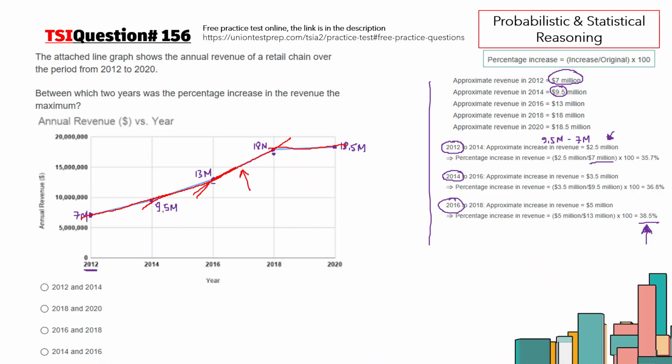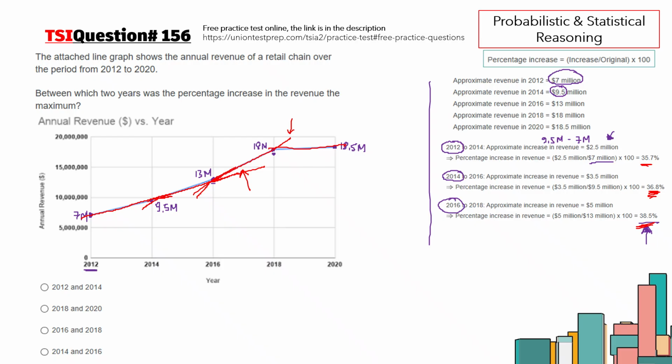That right there. See that this one is above everything, while if we continue to draw this one, it goes like this. Continue to draw this one, it goes like this. It's just slightly, because you see the percentages 35.7 and 36.8 are really close. But from 36 to 38, you see it's more steep for that line.